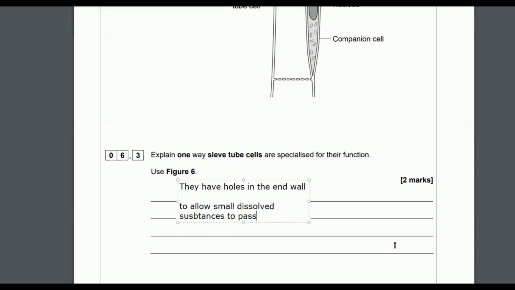If they didn't have holes, things wouldn't be able to get through here. So that's why they have these holes here. And that gets me 2 marks. If you want to give an example, glucose or amino acids are things that move around inside the phloem.